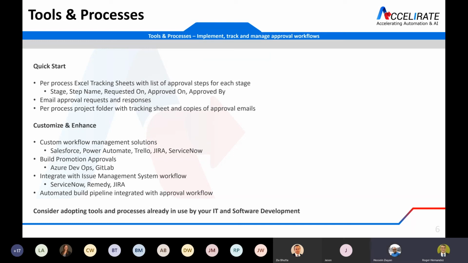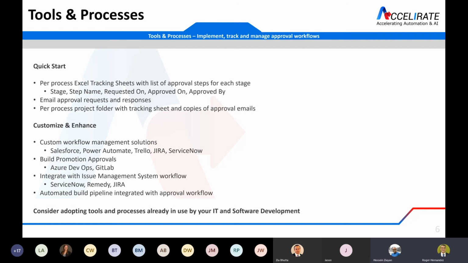So as you grow, you start to consider some tools, and in this part, it's very hard to make a perfect recommendation. Every tool is different, and it depends on what kind of skill sets you have in your organization. But some of the tools to look at: you could do a custom workflow management solution. I've seen them built with Salesforce, Power Automate, Trello, Jira, ServiceNow. They all have, to some extent, customizable workflow capabilities.